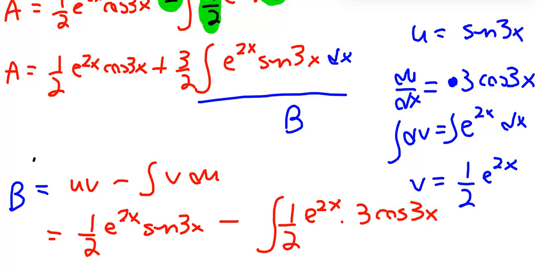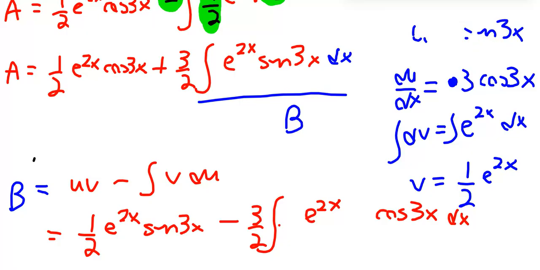Now guys, if you look at our target in here, do you see the half and the 3? What are we going to do with them? Bring it out, so to speak, yeah? So 3 over 2 on the outside.